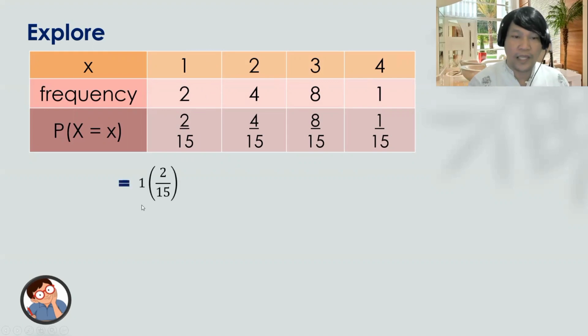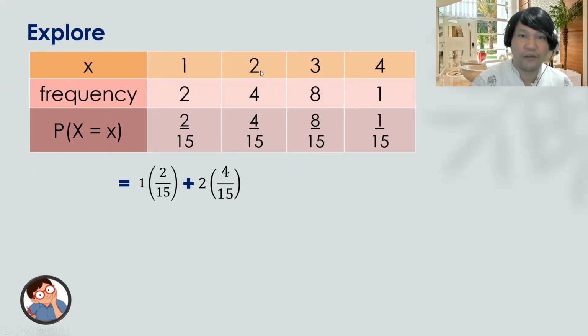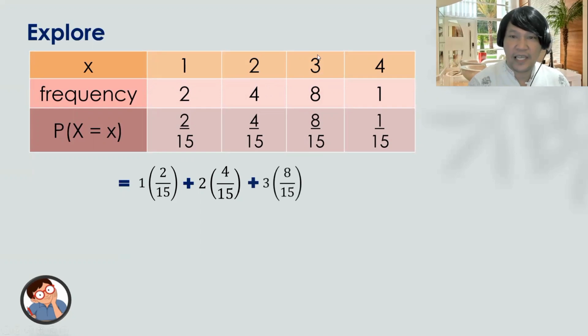Therefore, I have 1 times 2 over 15, that is random variable 1 multiplied to its corresponding probability, 2 over 15. Plus tile 2 multiplied to 4 over 15, its corresponding probability. Next, 3 times 8 over 15. And the last one is 4 times 1 over 15.